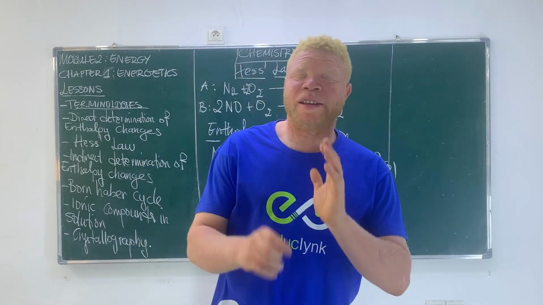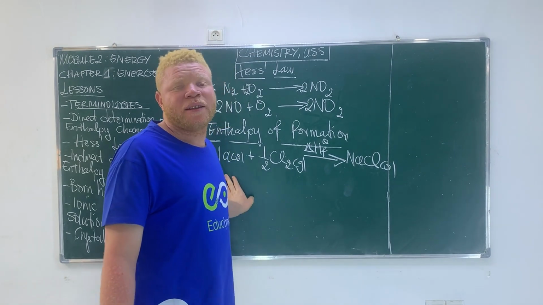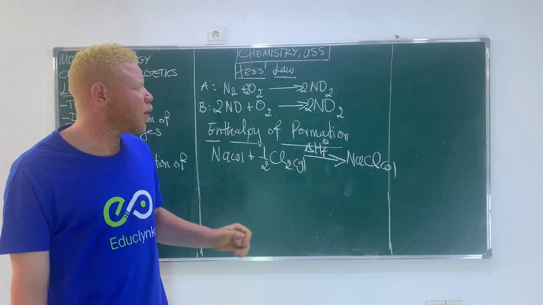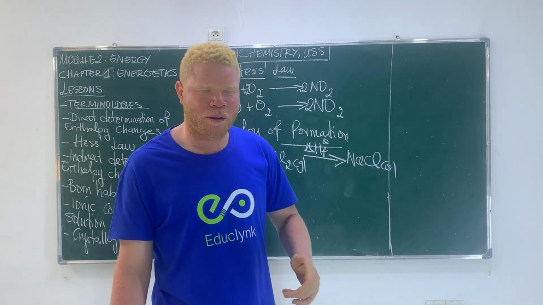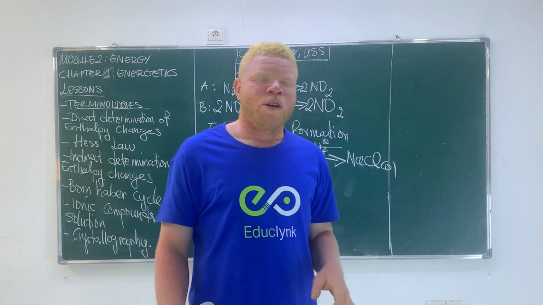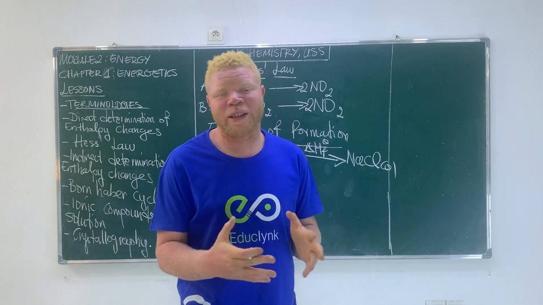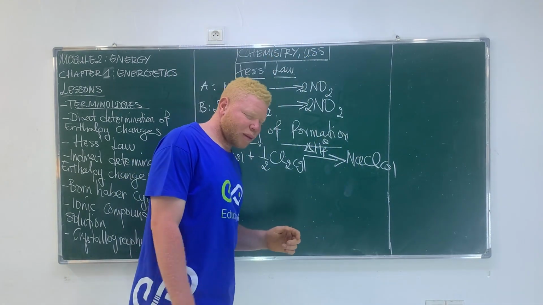This is the enthalpy change when reactants in their normal physical state react together to give an ionic product under standard conditions of temperature and pressure. Sodium is an alkali metal, and its physical state is solid.